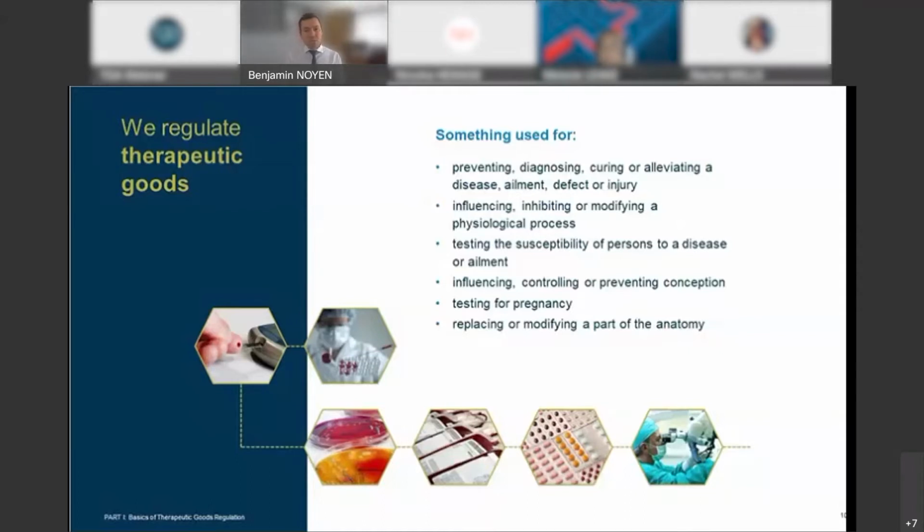We have decision tools on our SME Assist website to help you determine whether your product is a therapeutic good and the classification for your medical device.